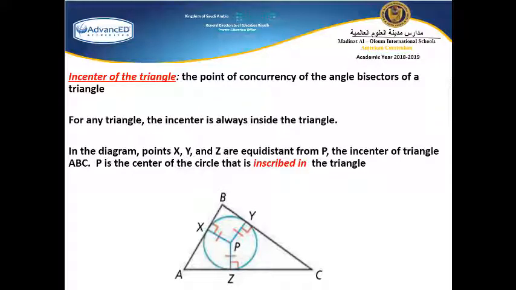By looking at this diagram, the points X, Y, and Z are equidistant from the point P, the point of intersection. Then the point P is the center of a circle. This circle is inscribed in the triangle, not like the previous one, circumscribed about the triangle. No, this is inscribed, drawn inside the triangle.